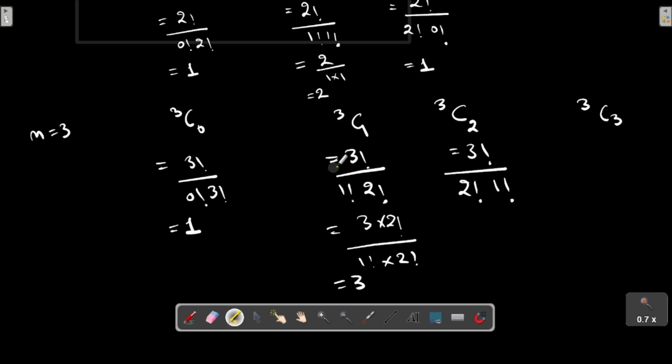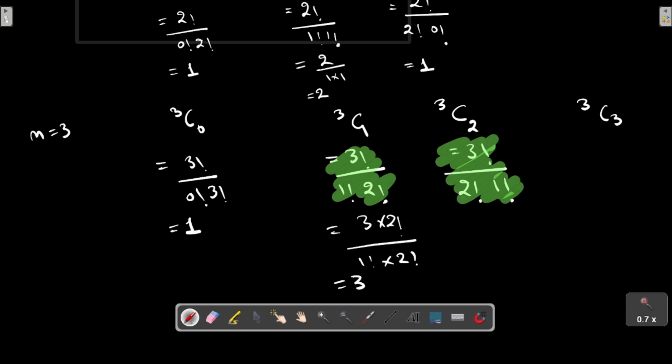Can you see from here itself, the expansion is same, right? So hence the symmetry property holds. This is equal to your 3. Then this is your 3 factorial upon 3 factorial, 0 factorial. These two are same, so that is your 1.